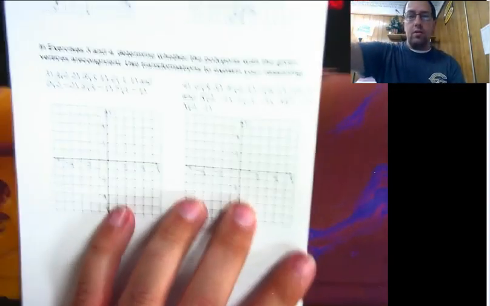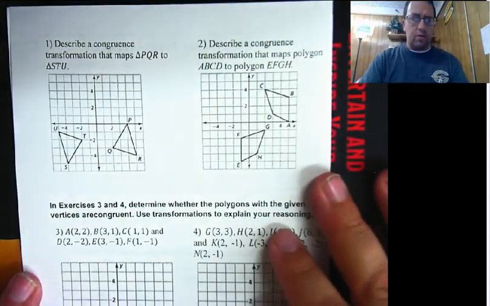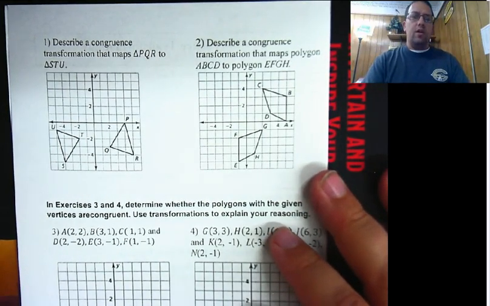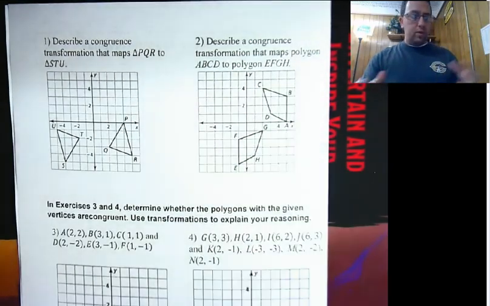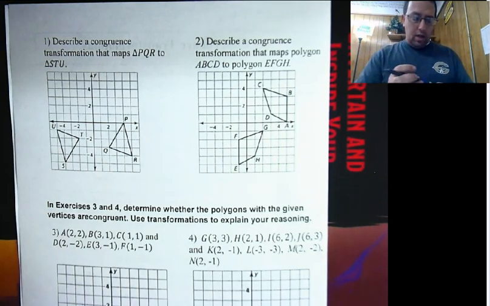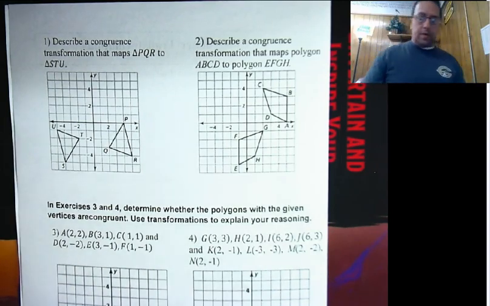All right, let's take a look at some examples, some stuff we can do with this. So on number 1 and number 2, we want to describe the congruence transformation that maps the pre-image to the image, maps one shape to the other shape. So in this case, triangle PQR to triangle STU. I'm going to use my patty paper.